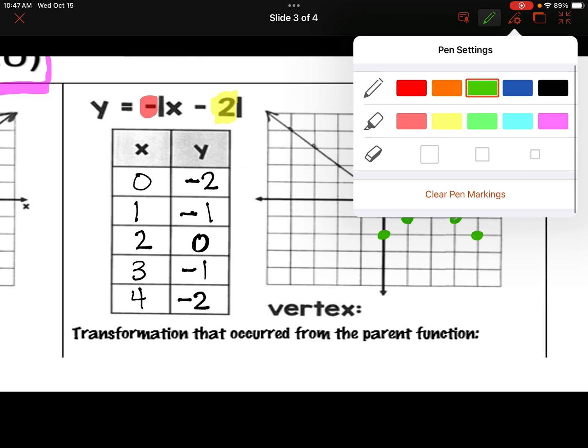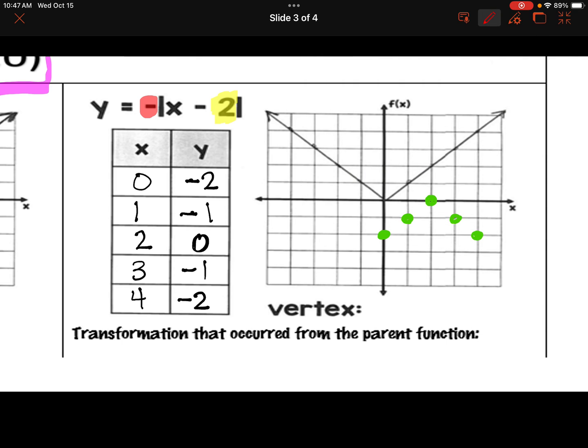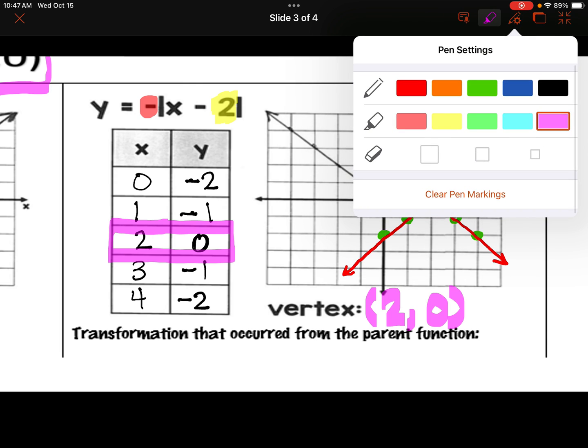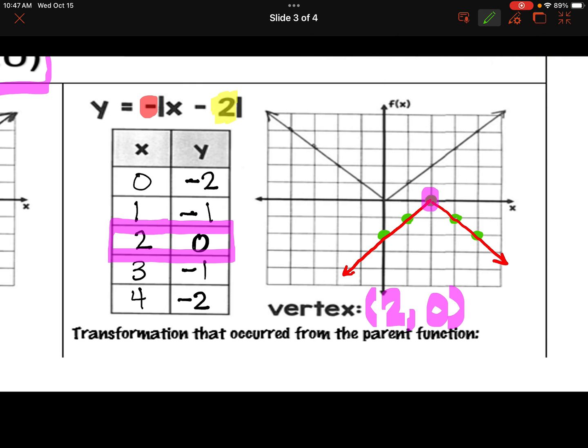So my idea that it got translated to the right 2 held up, and my idea that it was reflected across the x-axis is also holding up. So now I have my new vertex is right there at 2, 0. And to describe the transformation, it's going to have 2 descriptions.